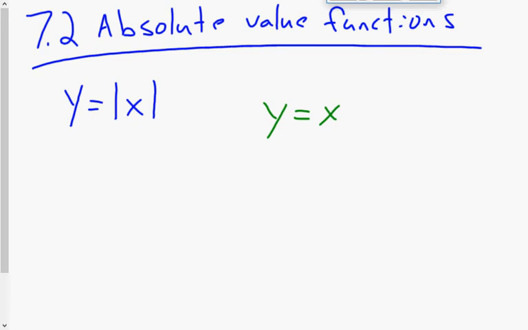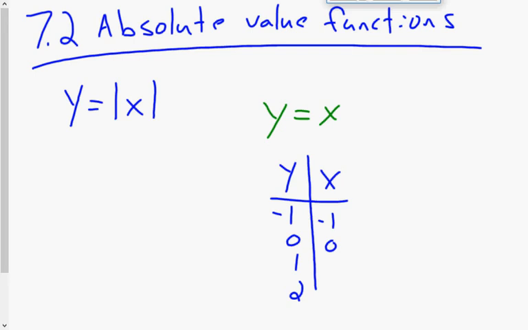If we were to do a quick table of values here, whatever y equals, whether it's -1, 0, 1, 2, x is just going to be the exact same thing, right? Make sense? Y equals x. So if I put -1 in for x, y is -1. 0, 0. Does that make sense? Okay, we're just substituting values in.